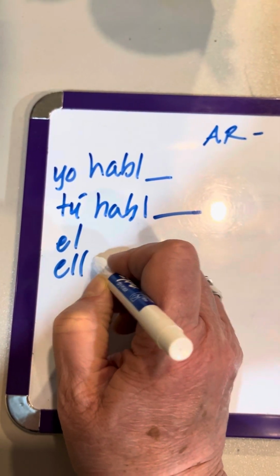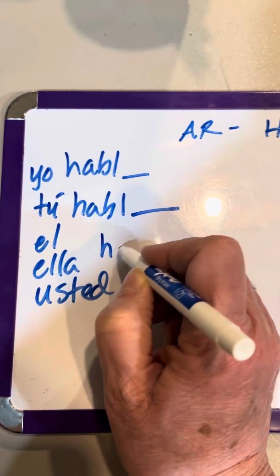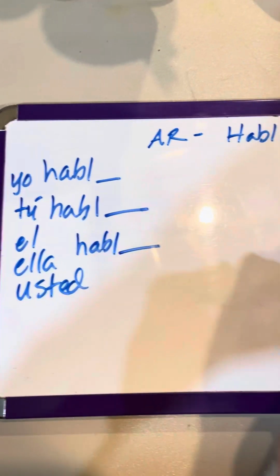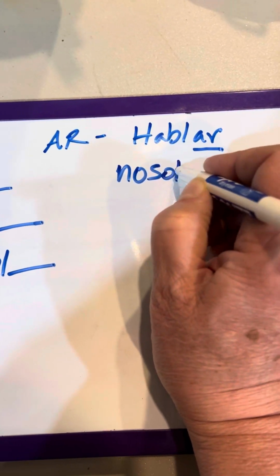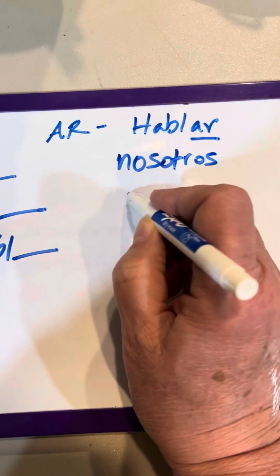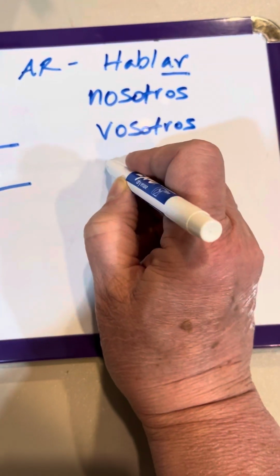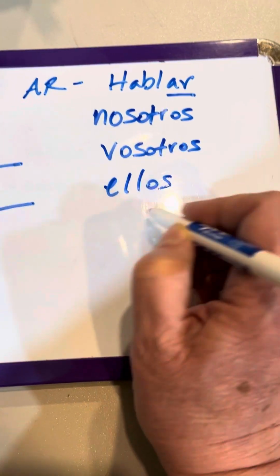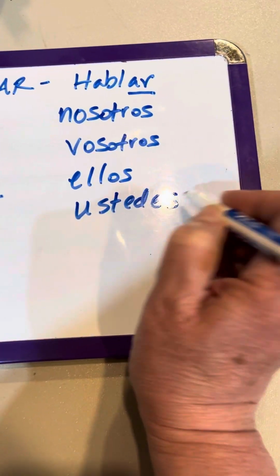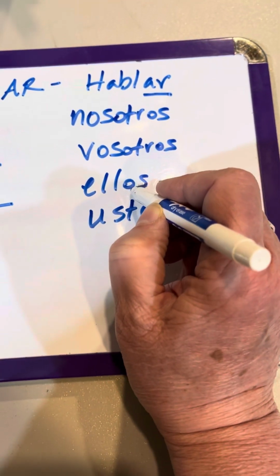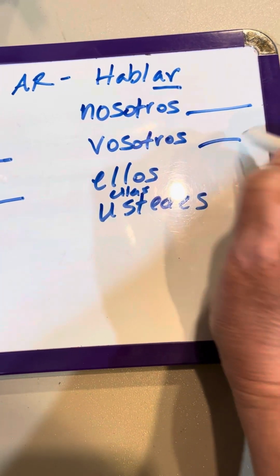Él, ella, usted, who remembers? Nosotros, vosotros, ellos, and ustedes. Ellos and ellas.